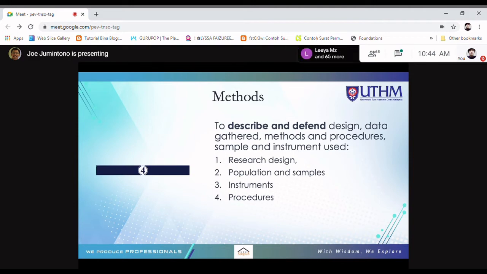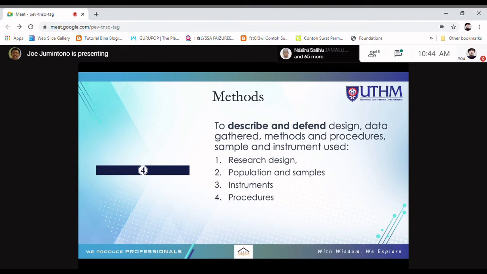And then followed by the population, our sample, our respondents. The respondents of this research involved 121 respondents, for example. You can describe that. And the instruments of the research are a questionnaire, maybe interview, maybe observation, or maybe documentation.